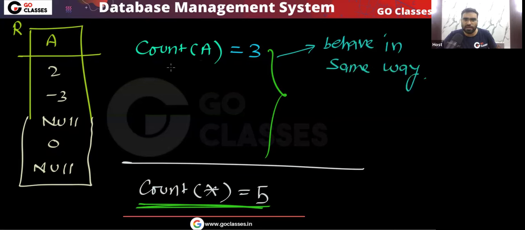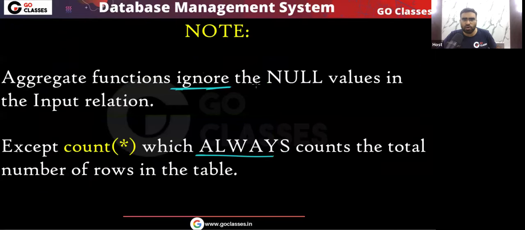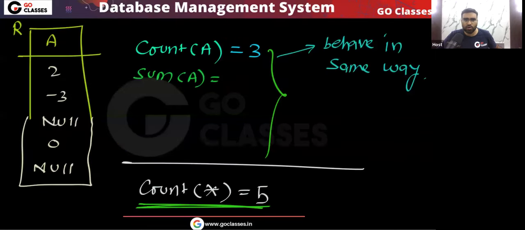So for example, count of A will be 3. If I ask you what is sum of A, what will that be? Remember, aggregate functions ignore the null values. So sum of A will be 2 minus 3 plus 0, so that will be -1. Yes or no? Very simple. What is max of A? That will be 2.